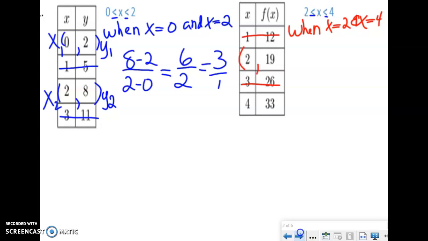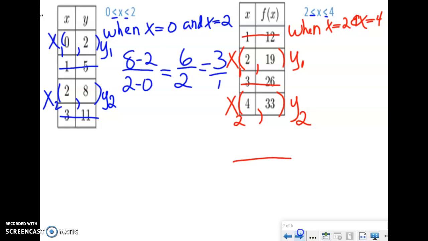Okay? Remember that a table of values is just a list of points that come to us as x on this side, y values on this side, and because this point came first, it gets x1, y1, and this gets x2, y2. So the labeling certainly will help you when it comes time to putting it into the slope formula.